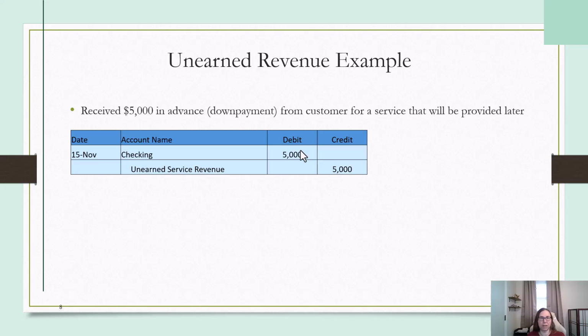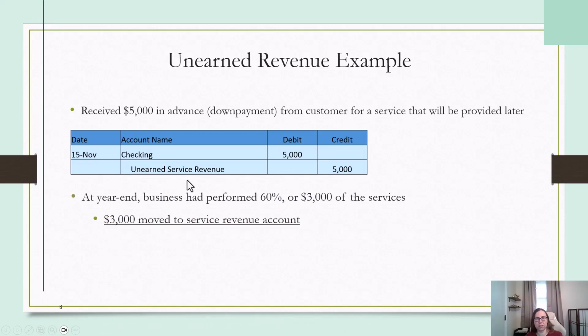Because you wouldn't want money in an unearned revenue account if they've earned it or earned part of it. So if they look at this situation, and they realize that they've performed 60% of the work or $3,000 of the services, then they would want to move that $3,000 from the unearned account to the service revenue account.